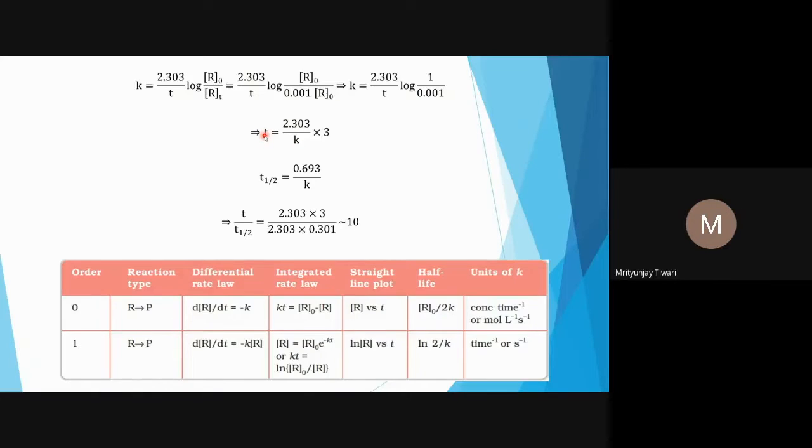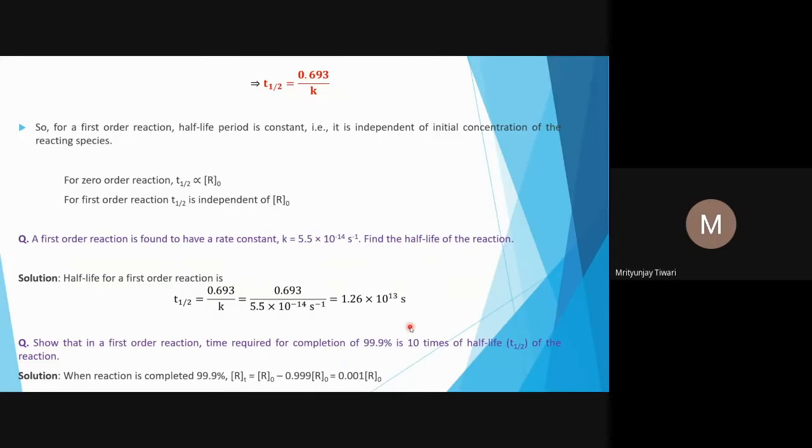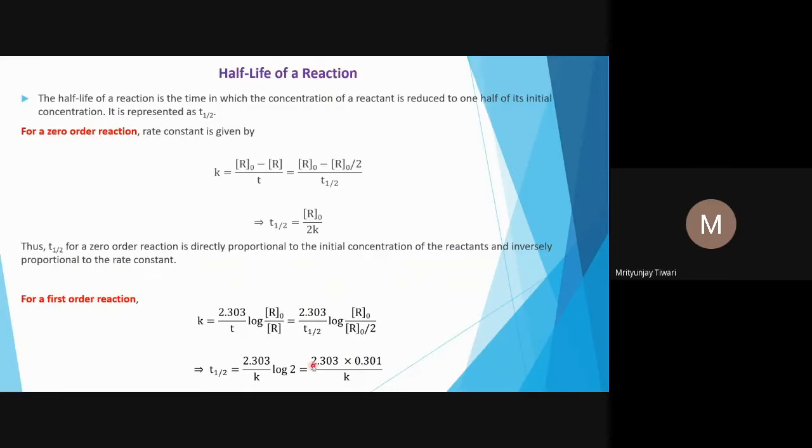Now we know t half is equal to 0.693 divided by K. So the value of t half we also know in terms of K. If you remember, 0.693 is nothing but 2.303 into 0.301.